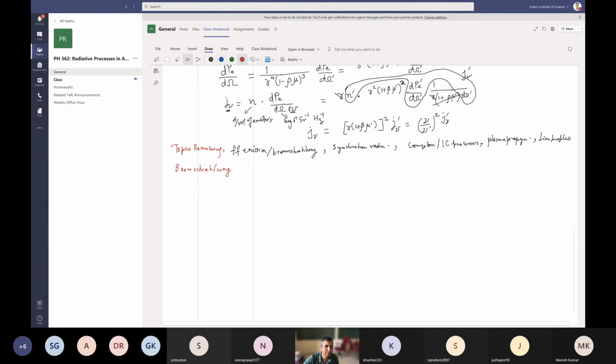Or free-free emission. So in case of say a hydrogen atom, we have a proton and these are energy levels of electrons, right? So if you have an electron here and it jumps from n equals 3 to n equals 2 level, it emits a photon. This is called spontaneous emission, and this actually is an H alpha line.